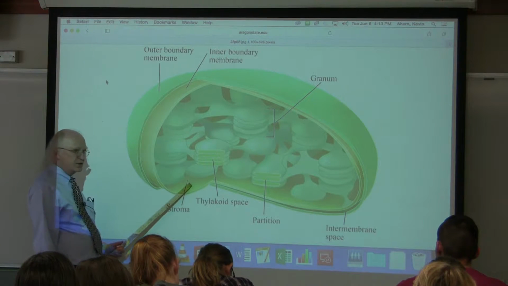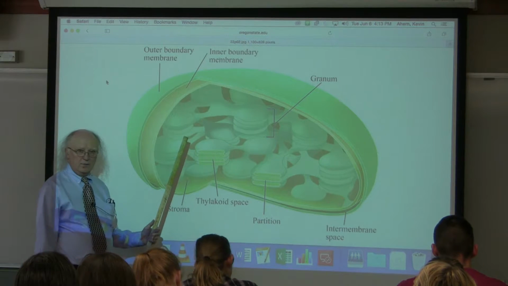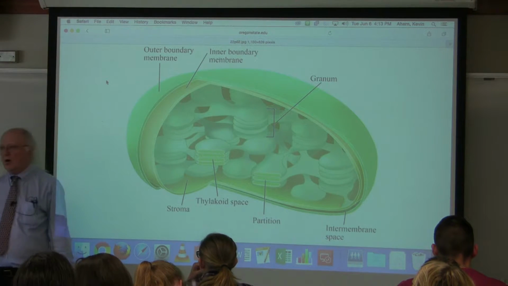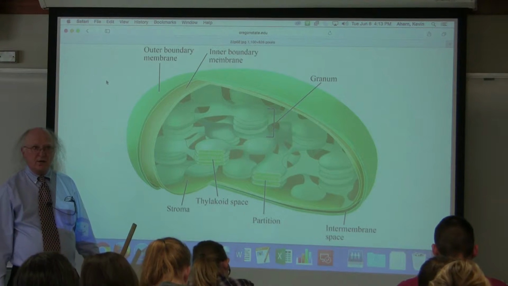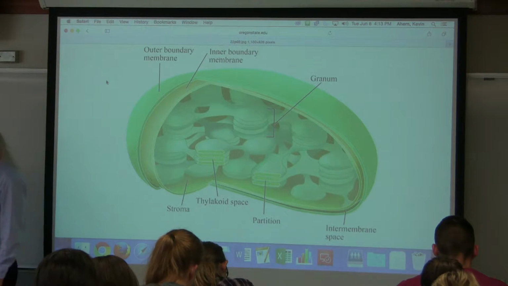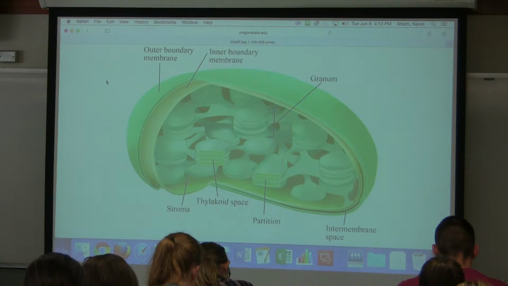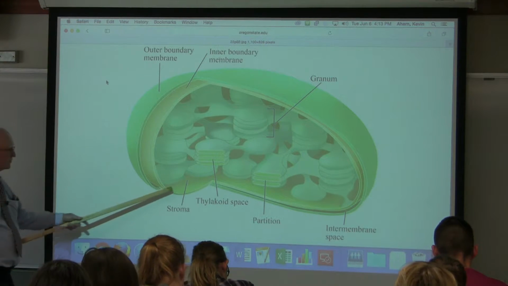And last, we have a stroma. And stroma is just the space surrounding there, and that'll become important as I talk about that later. So the stroma contains fluid, okay, and that fluid bathes all of these structures that are in here. So those are the components: the thylakoids, the thylakoid space, the thylakoid membrane, and the stroma.